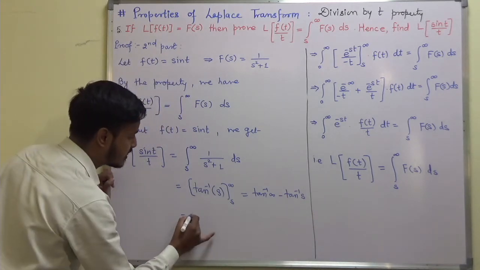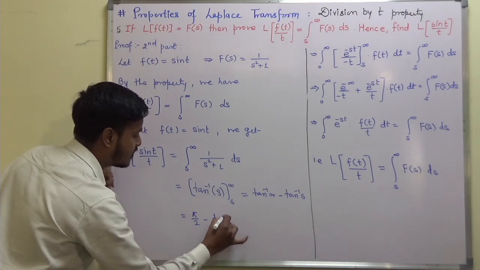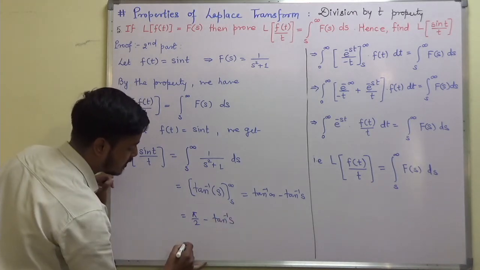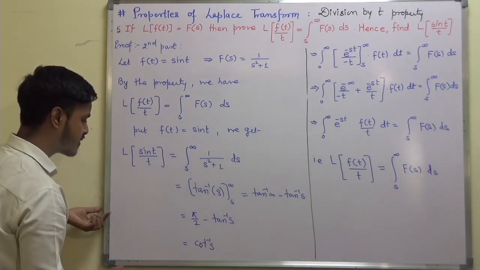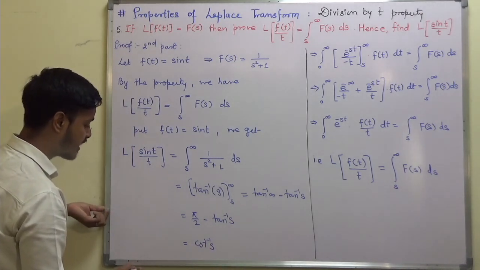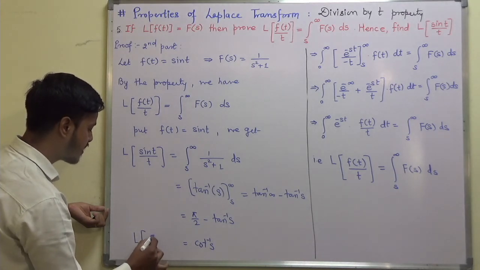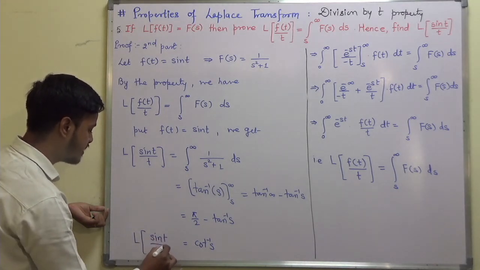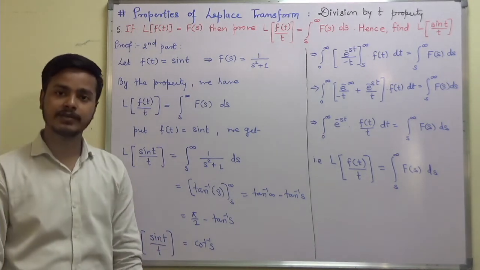So this is pi by 2 minus tan inverse of s, which is equal to cot inverse of s. Pi by 2 minus tan inverse theta is cot inverse theta, and this is the Laplace transform of sin t upon t. So this is the result.